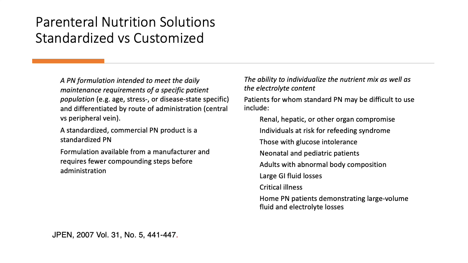Adults that have abnormal body composition, where maybe it's bariatric patients who need higher levels of protein and less amounts of dextrose. Large GI fluid losses, that are critically ill, should really be using custom PN. And then home PN patients that demonstrate large volume fluid and electrolyte losses to where the standard just isn't going to cut it.